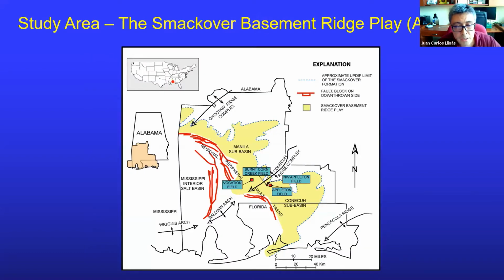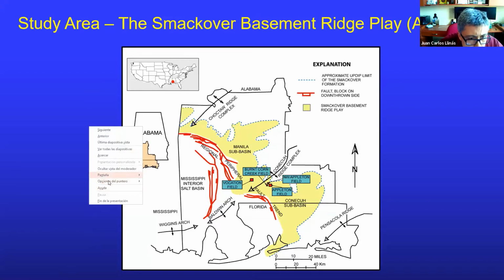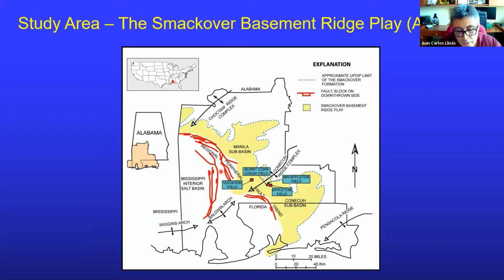The study area is located in the southwestern part of Alabama, where several small oil and gas fields are located, producing from the Smackover.